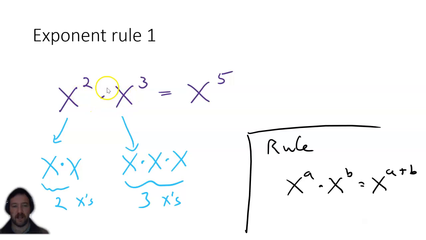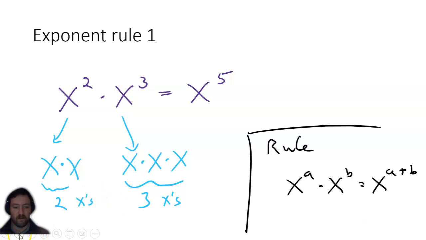If you multiply two powers with the same base, then you can just add their exponents. 2 plus 3 is 5, right? And so why is that the case? Well, x squared means multiply x by itself twice. X cubed means multiply by itself 3 times. And so in total you have 5. And then more generally, even if these numbers aren't whole numbers, the rules still make sense. So x to the a, that means you have a of these x's. X to the b, that means you have b. So in total you have a plus b, right?